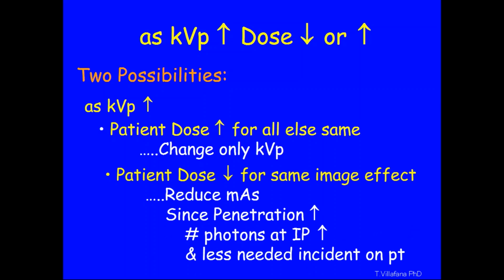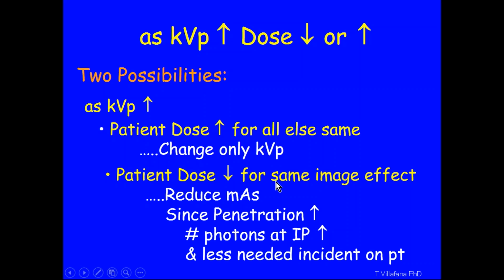For the same image effect, we're going to have to talk about that. For the same image effect, if you do 2 things, number one, you go up in kV, but then you go down in mAs, then you invariably end up with less dose. I'm going to illustrate that. But right now, I just want to give you the words, and then I'll give it to you more graphically.